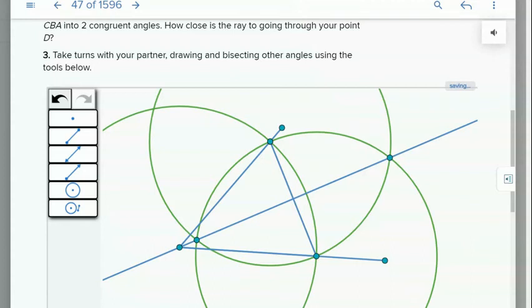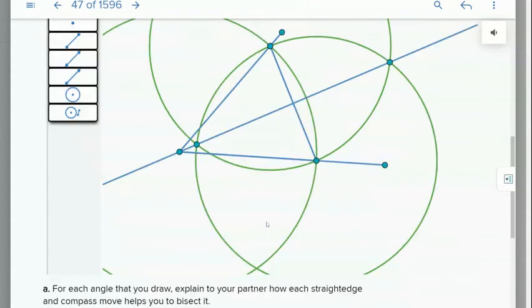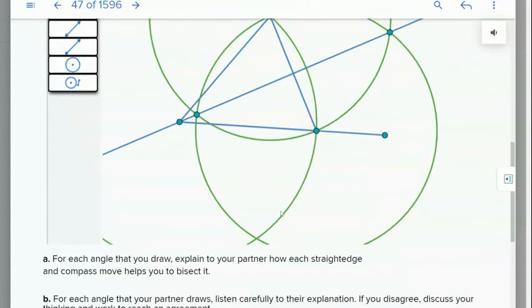Now, of course, your angles will be a little different. The sizes of your circles will be a little different, but that is the exact process to create an angle bisector. For each angle that you draw, explain to your partner the compass moves. So definitely type your steps. First step, construct a random angle. We did that.